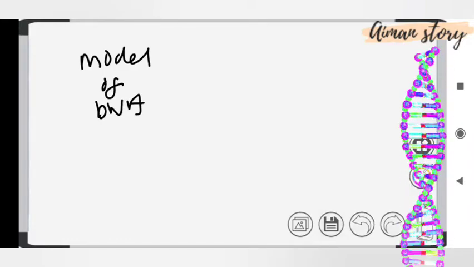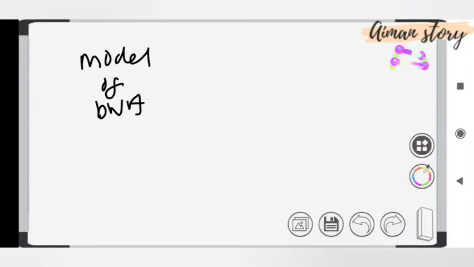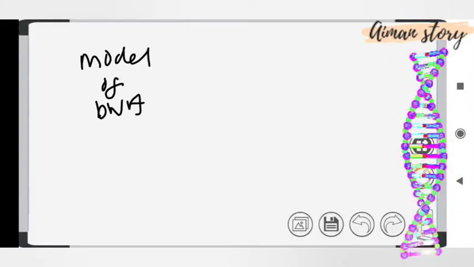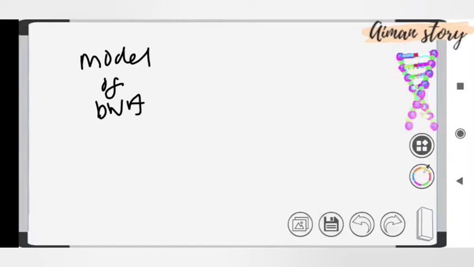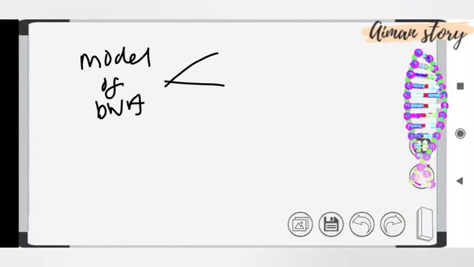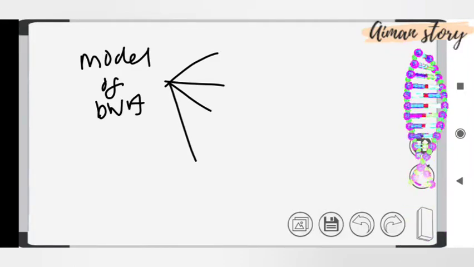So basically, there were several scientists involved in this discovery of DNA. There was a race for DNA research at that time. Normally there are several names of notable scientists at that time.